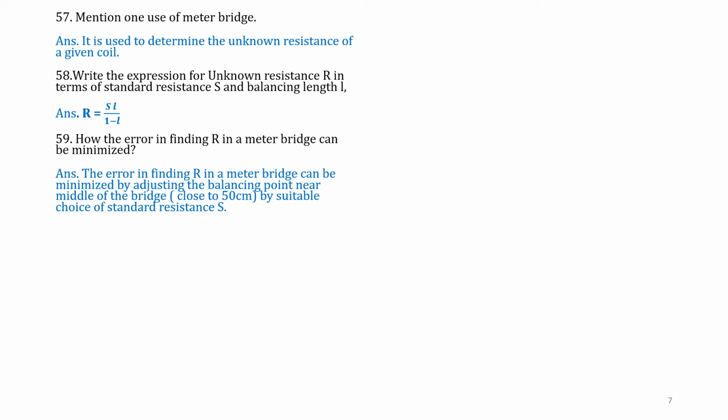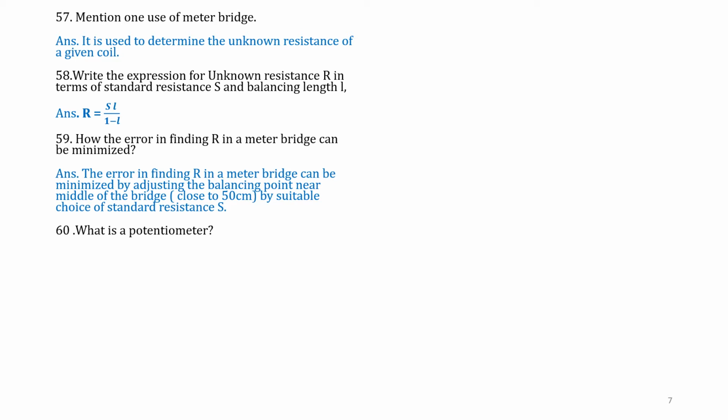That means the standard resistance S should be so chosen that the balancing point in the meter bridge occurs somewhere in the middle of the bridge, close to 50 centimeters.